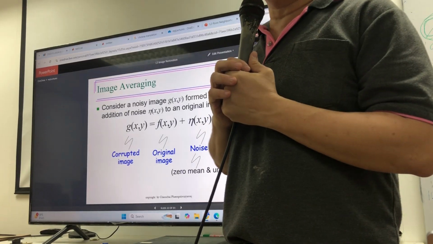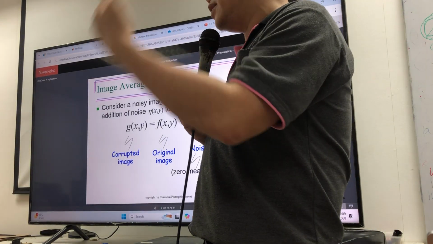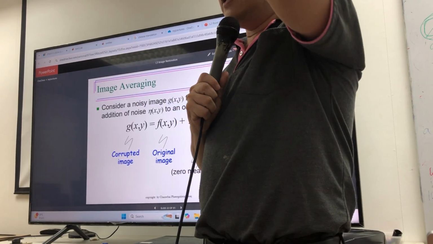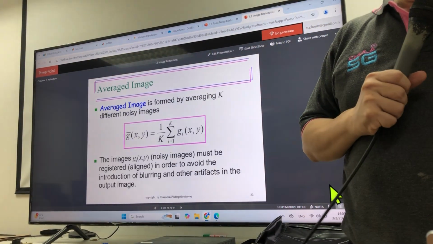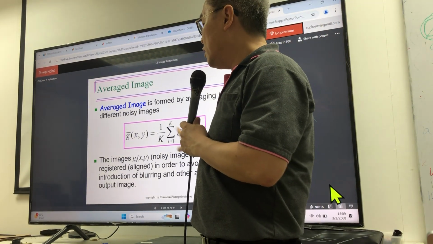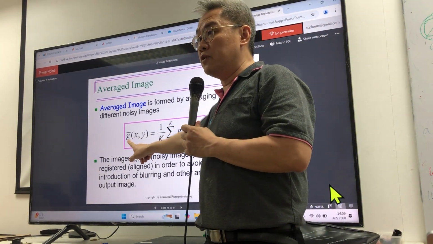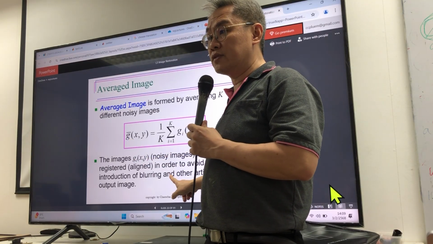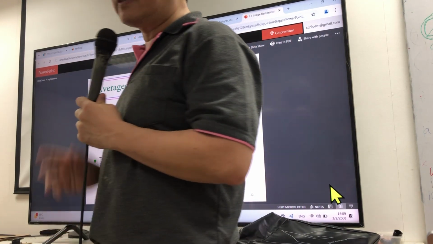This is a technique we use a lot with cameras. If you take the average of them, you get G bar, and this G bar will get rid of the zero mean noise.